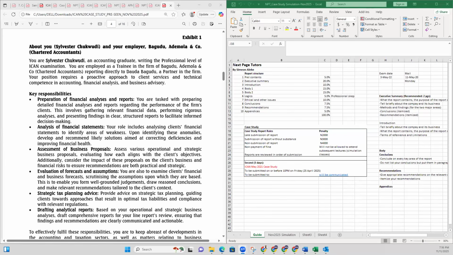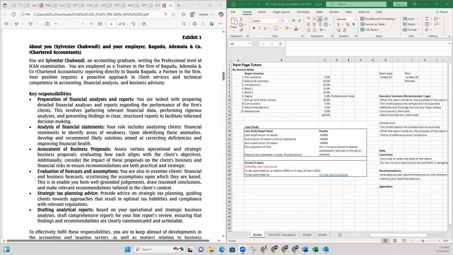Key responsibilities. 1, preparation of financial analysis and reports. You are tasked with preparing detailed financial analysis and reports regarding the performance of the firm's clients. This involves gathering relevant financial data, performing rigorous analysis, and presenting findings in clear, structured reports to facilitate informed decision-making. 2, analysis of financial statements.